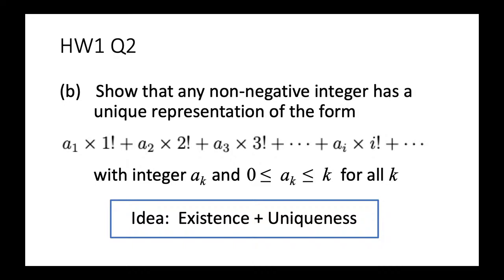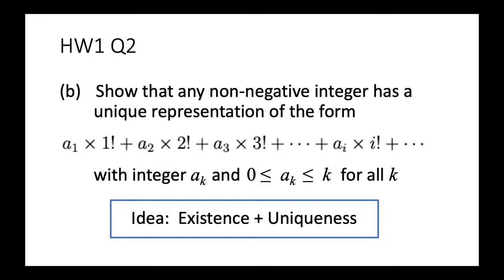But after we have shown this by induction, what do we know? We know that between 0 up to n plus 1 factorial minus 1, there are exactly n plus 1 factorial numbers.